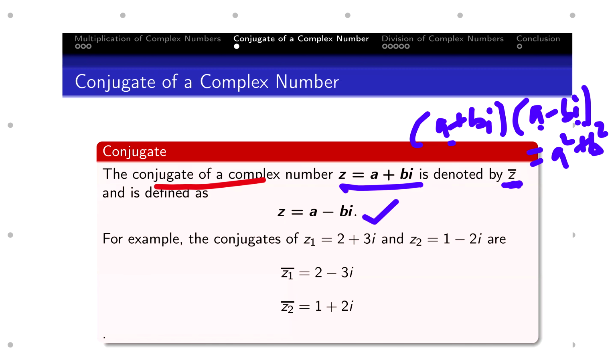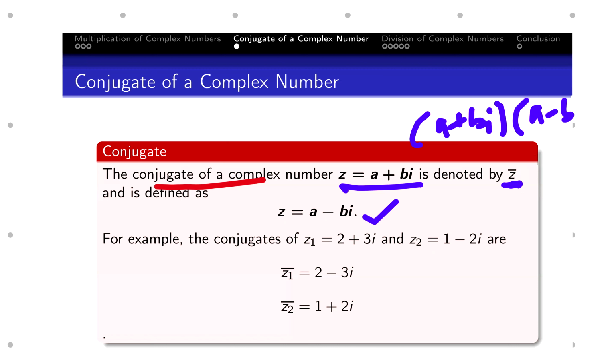Then bi times minus bi is minus b squared i squared, and i squared is minus 1, so minus b squared times minus 1 is plus b squared. So to turn a complex number into a scalar, you multiply by its conjugate.